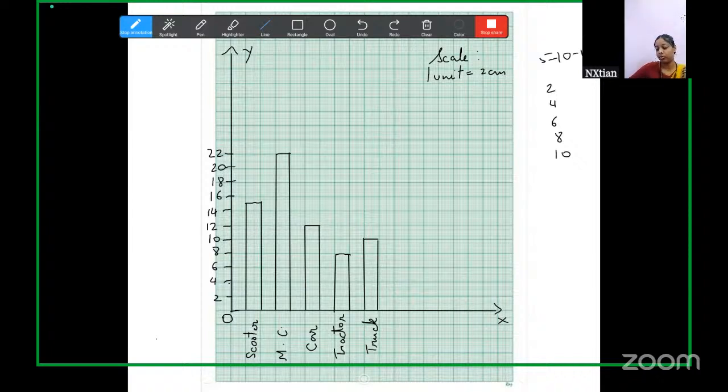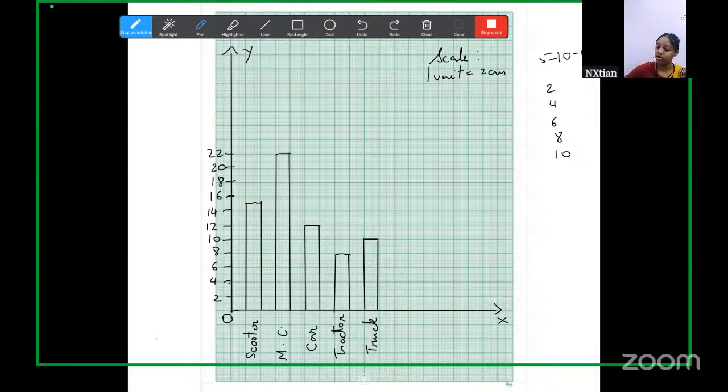Good, both of you. So when we are writing these units, this one box is known as 1 unit. And when we are putting the numbers, we put them after each box, like this. Also, we have x-axis and y-axis.